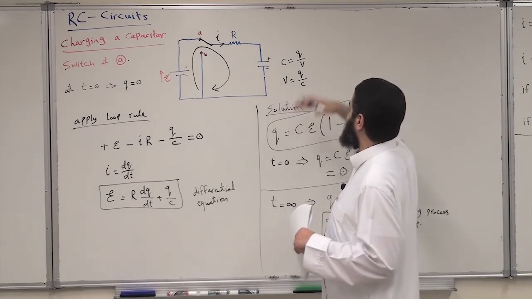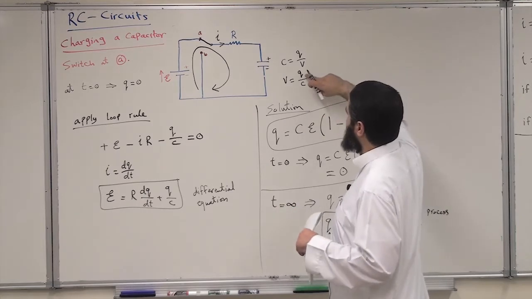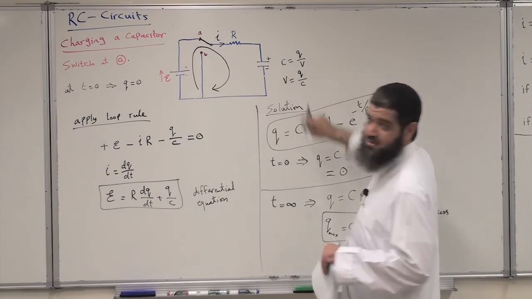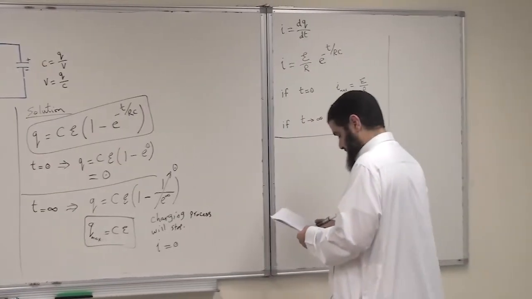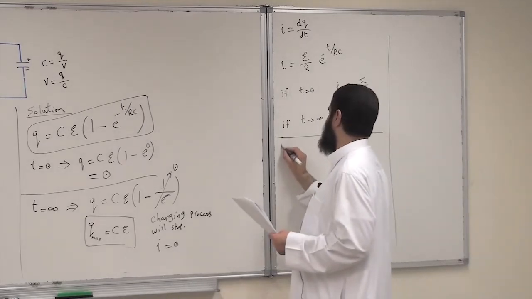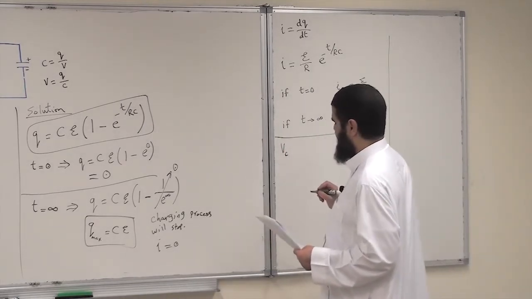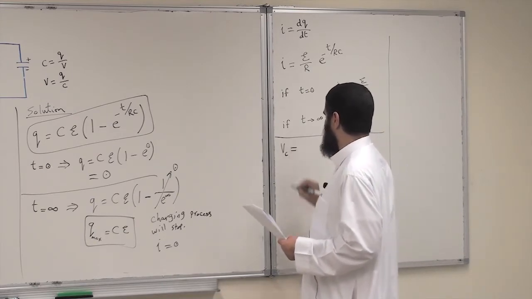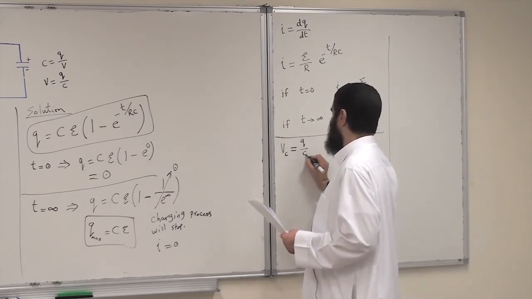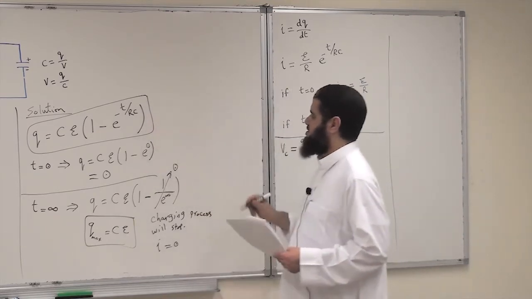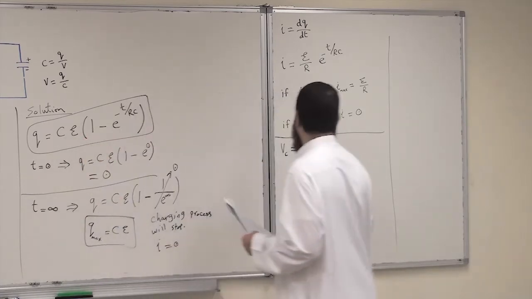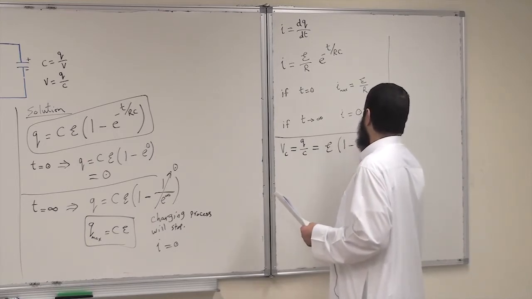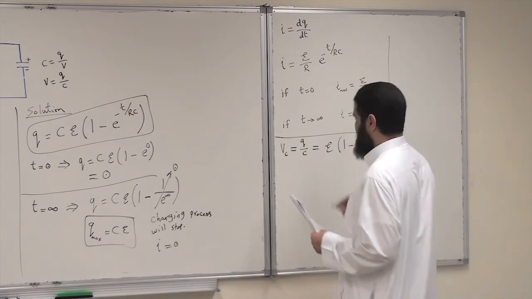After some time it increases until we reach the maximum Q. Let us get how much V is across the capacitor, the potential difference across our capacitor. This is equal to Q divided by C. But this is the formula for Q. So if you divide this by C, C will cancel and we'll end up with V equals E multiplied by 1 minus e to the minus t over RC.